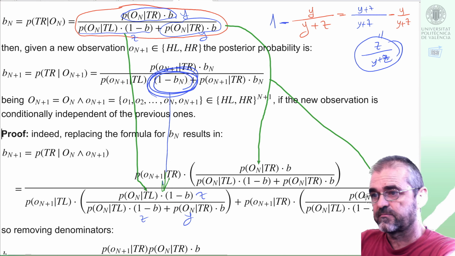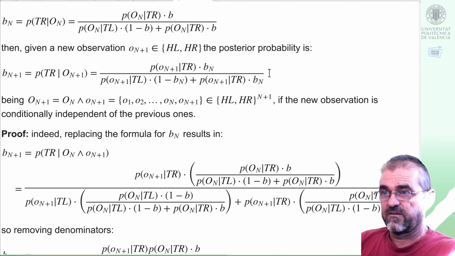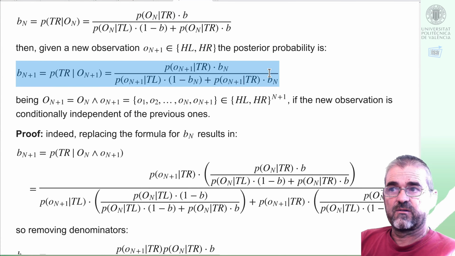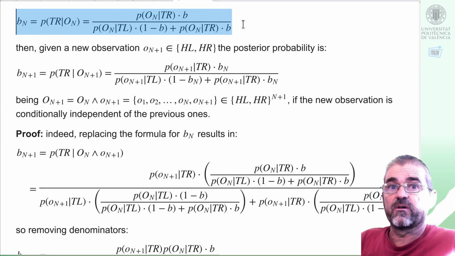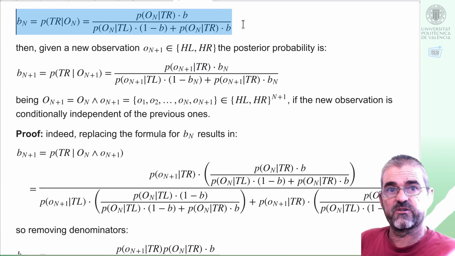So good. Then I have replaced the prior by the Bayes formula with the non-recursive table, with whatever expression we made to compute this.